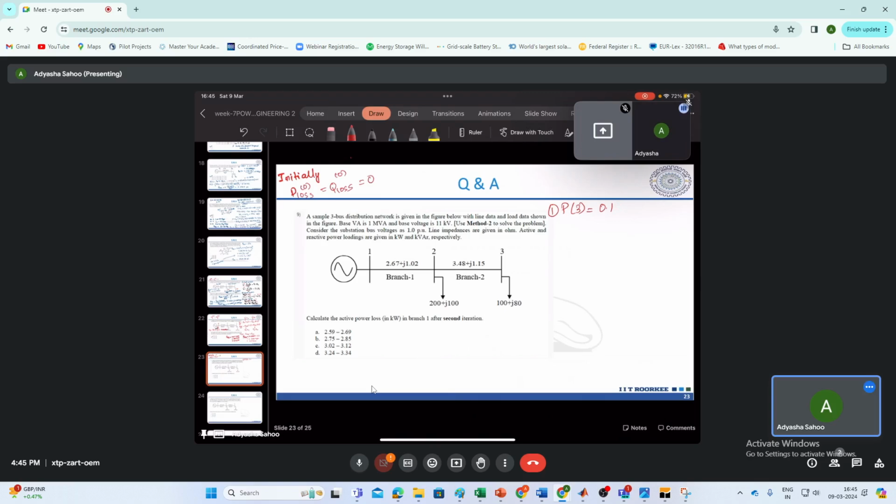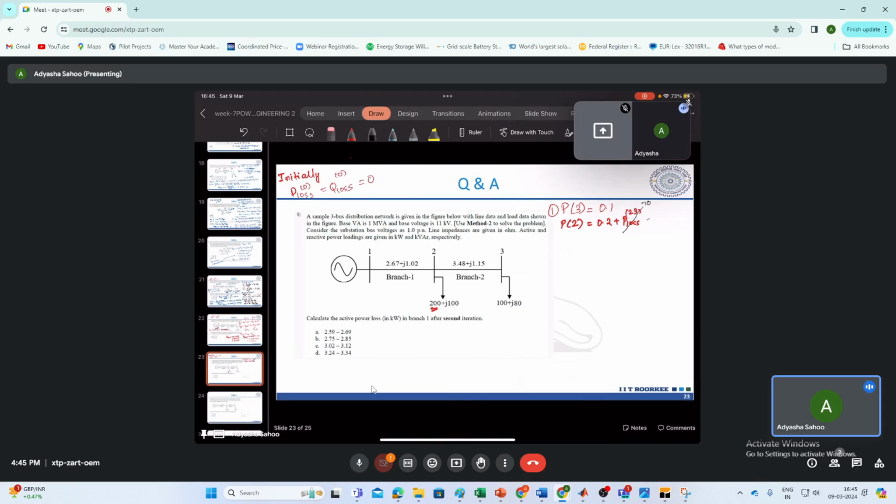And what about P2? P2 will be this load 0.2 plus loss in line 2, 3. So this we have considered here 0, right?